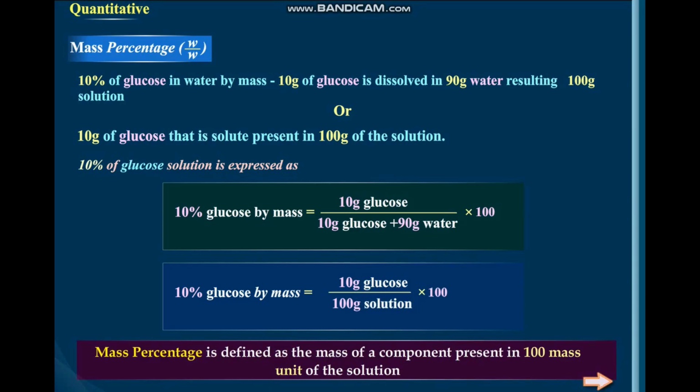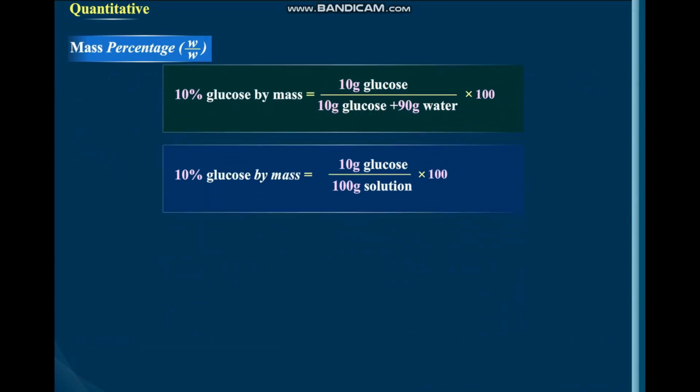So mass percent is defined as the mass of a component present in 100 mass units of the solution, that is, mass of the solute divided by mass of the solute plus mass of the solvent, into 100. The denominator, mass of the solute plus mass of the solvent, is the mass of the solution. So mass percentage is the mass of the solute divided by the mass of the solution into 100. Hope it is clear to you all.